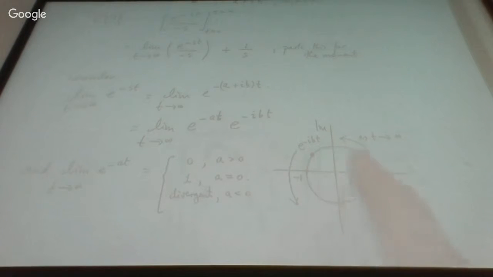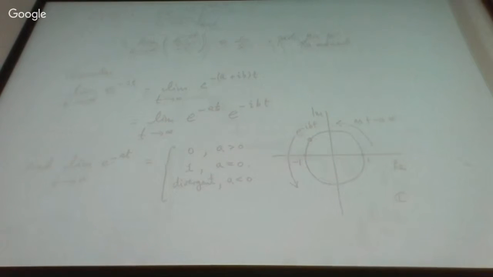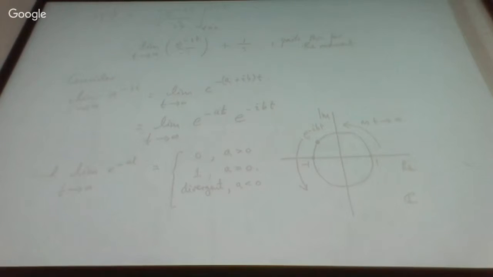That will make the product spiral in and converge to the value 0 in the complex plane, because this factor is going round the unit circle while the first factor is shrinking down to 0. So the whole product, e to the minus st, spirals in and converges to 0 in the complex plane. Whereas if the first factor is divergent, getting larger and larger, the whole product will spiral out.